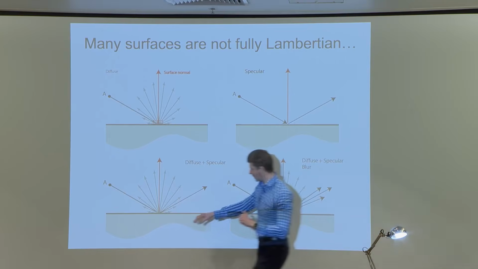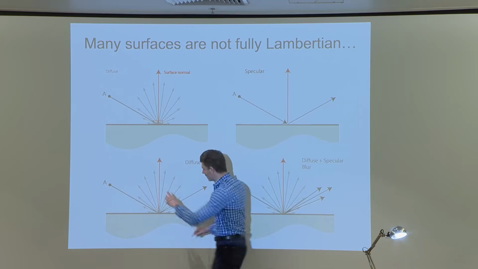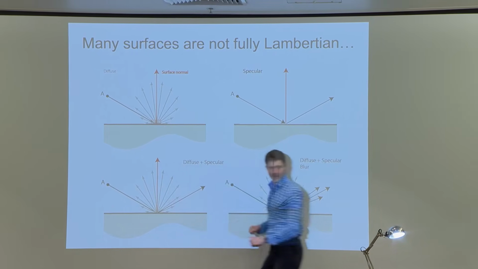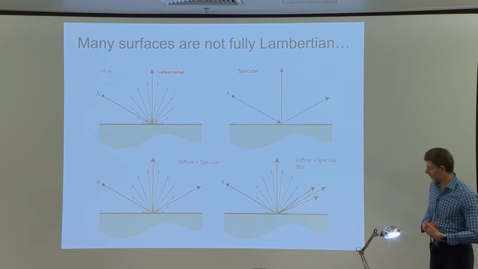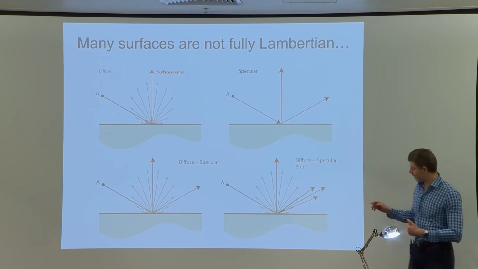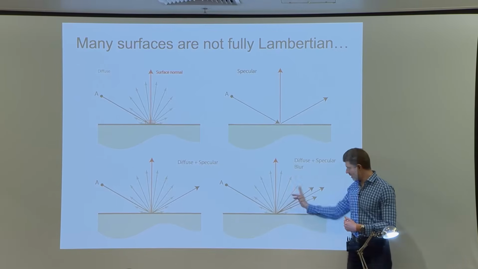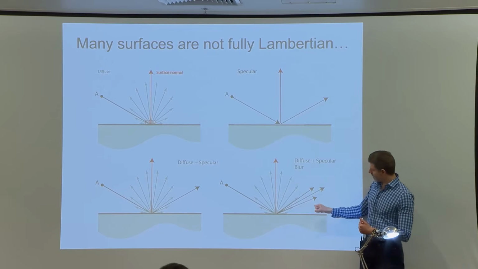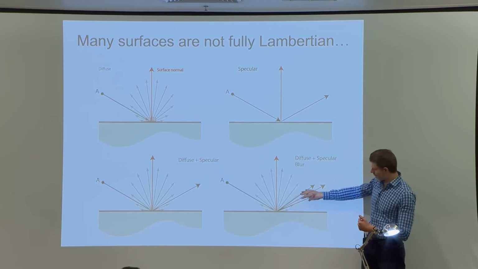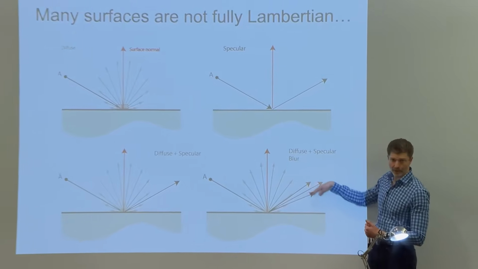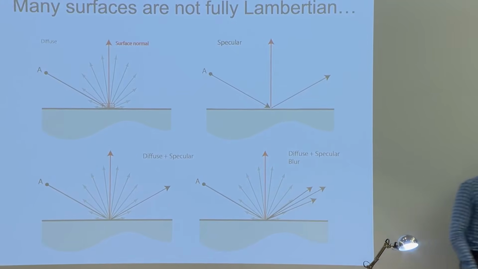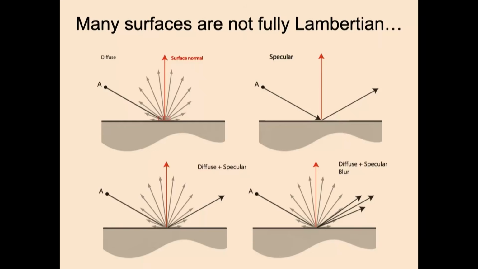You get something where a whole bunch of light is scattered uniformly, but then there's a special direction that emits a fair amount of light. In addition, sometimes you have diffuse reflectance and then some specular reflections that have some amount of blur, getting blurred out spatially. This is a function of the material properties.